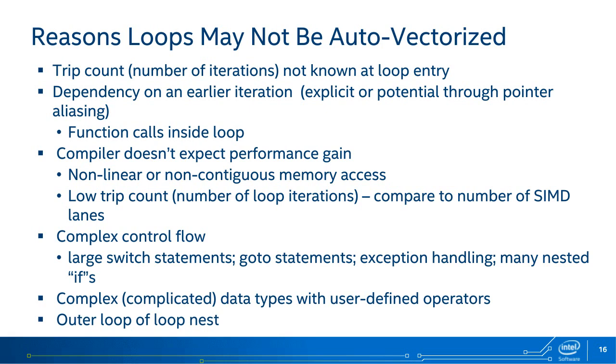But quite commonly, the reason is that the trip count was not known, or the dependency actually exists, or it doesn't exist in reality, but the compiler assumed it because it doesn't know too much about your code. Really often, a function call is used inside the loop.